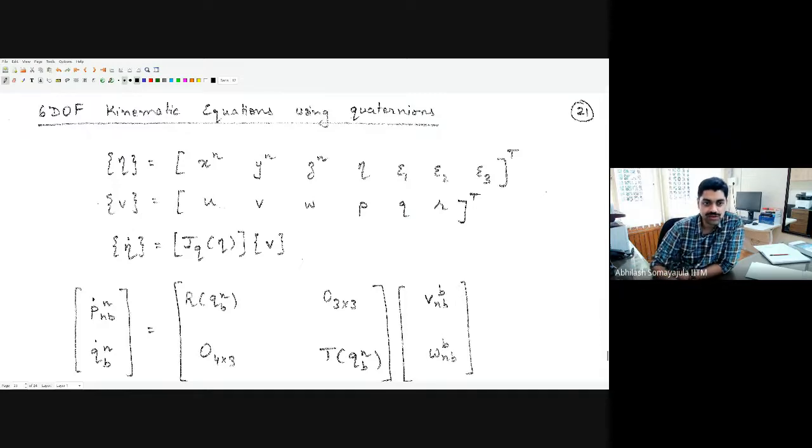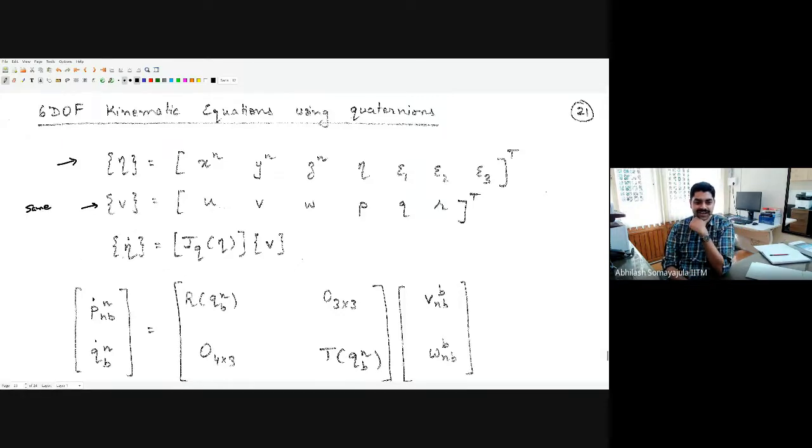So when we are looking at the 6 degree of freedom system, the generalized position vector which we saw before had x, y, z, so those parts are still the same. And instead of the 3 Euler angles, we now have the 4 parameters from the quaternion coming into the eta vector. The angular velocity is the same as before.